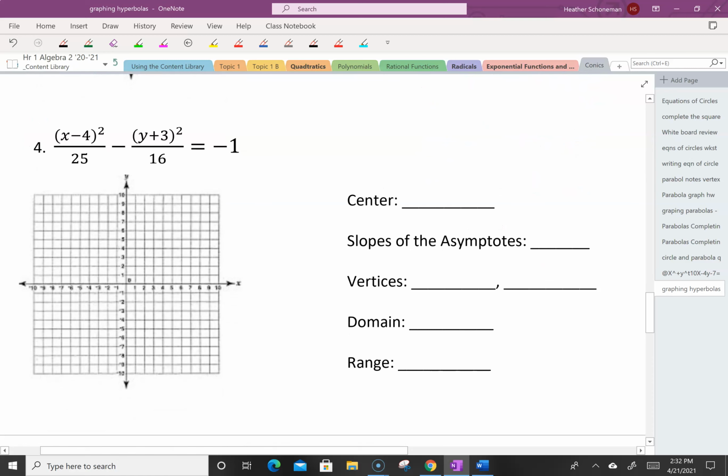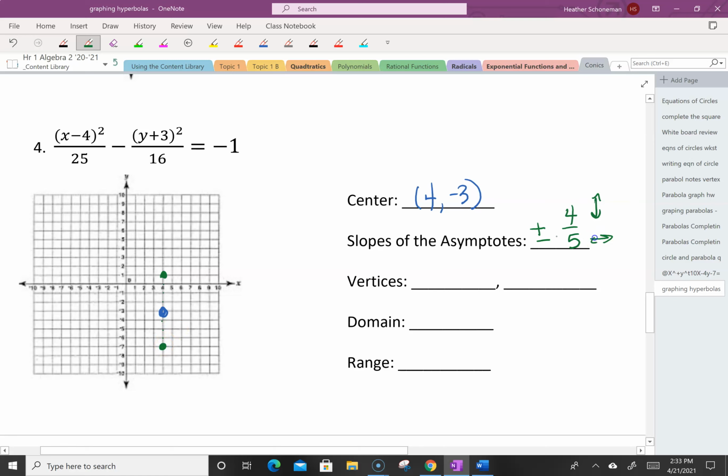On number 4, my center is +4, -3. So +4, -3 is going to be right here. The slopes of my asymptotes are going to be plus or minus 4 over 5. So from my center, my rise, I'm going to count up 4: 1, 2, 3, 4, and down 4.